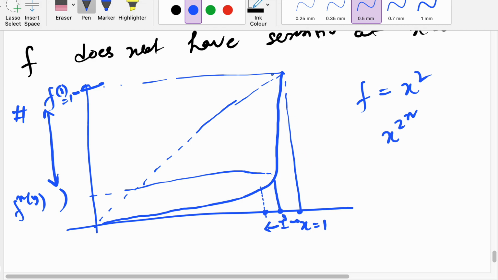Why? Because this has a very steep slope at this point. If it has very high steepness, then you will find that the map takes points far away from each other. So that's why, if the system has very high steepness, it will become sensitively dependent on initial conditions.